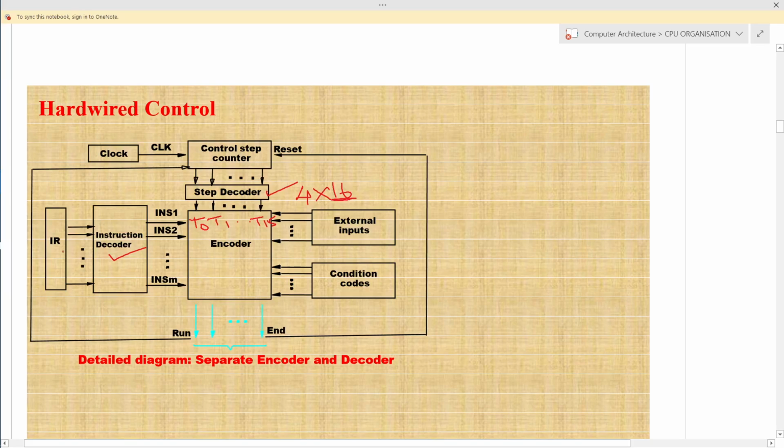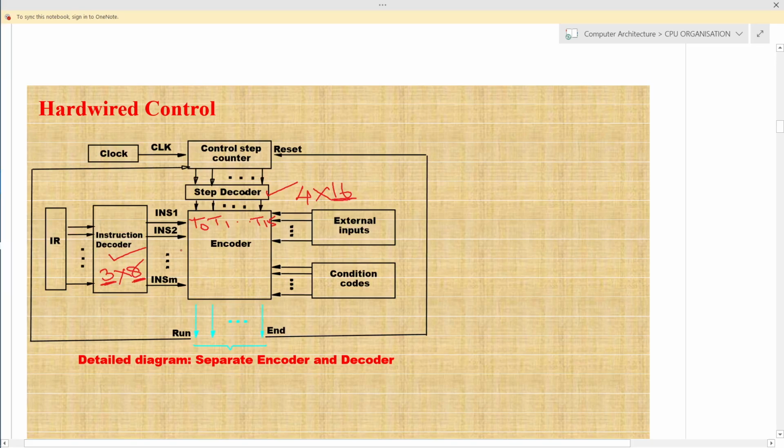Depending upon the instruction format, it may be 3 bits that represent the opcode or 4 bits. If 3 bits represent the opcode, then the instruction decoder will be a 3 into 8 decoder. That means its input is 3 bits and one of the 8 outputs will be activated for a particular instruction.